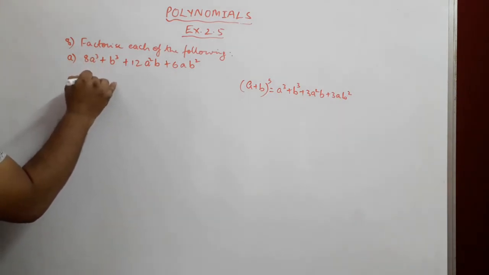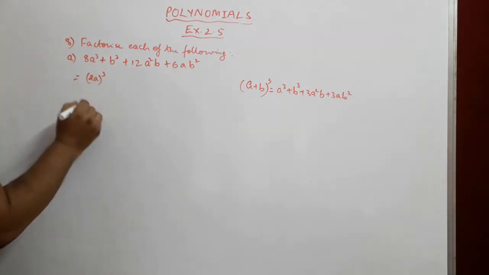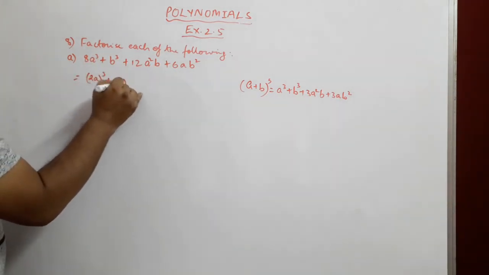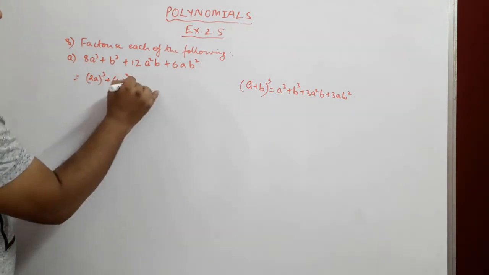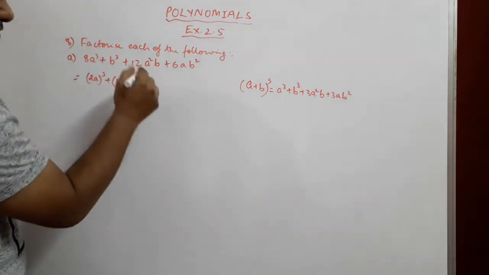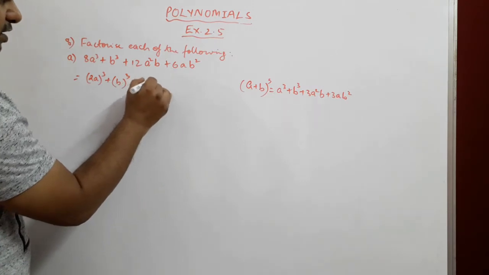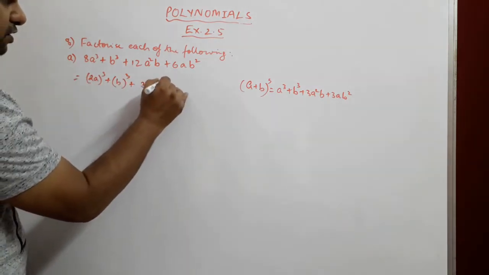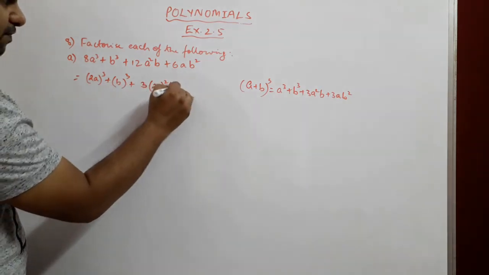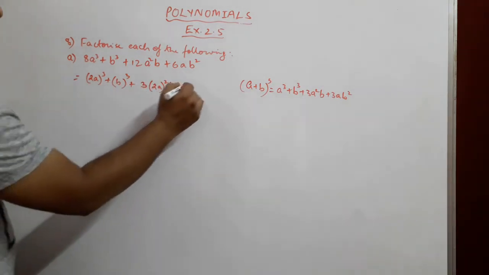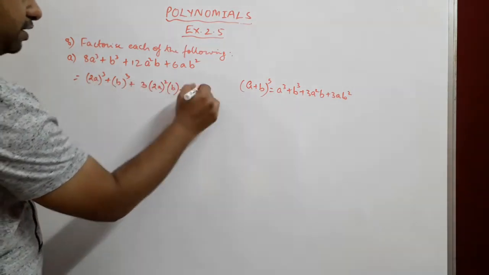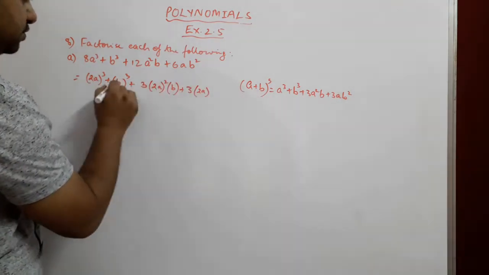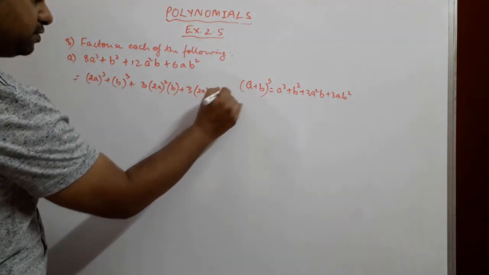8a cube can be written as 2a whole cube plus b whole cube, plus 12a square b can be written as 3 into a square. So a is 2a, so 2a whole square, and b is just b, plus 3 into a b square, so this b whole square.